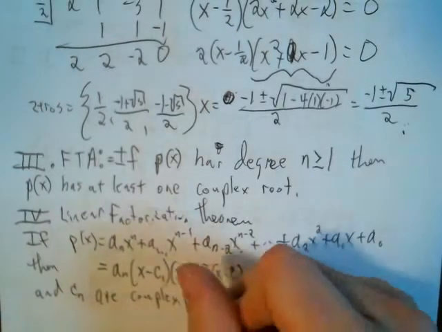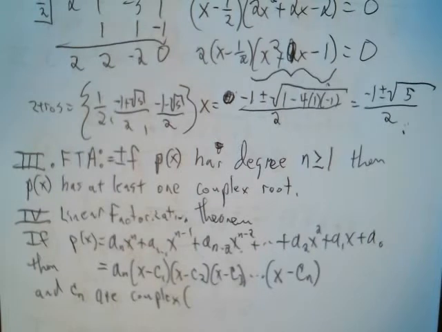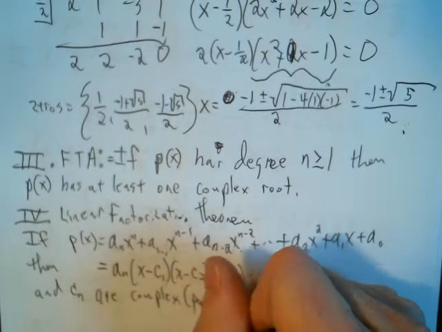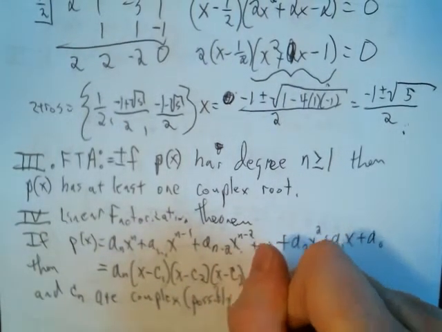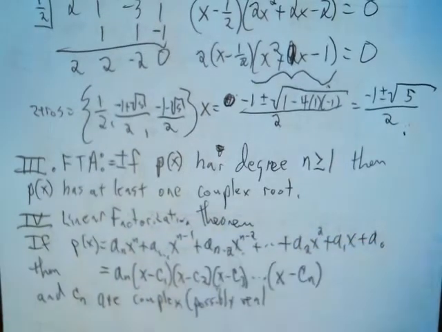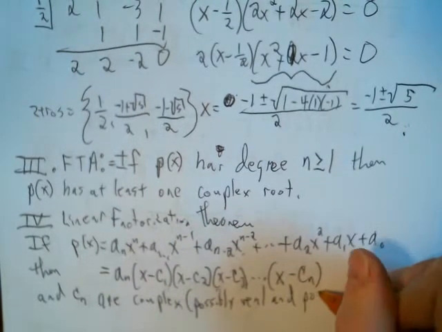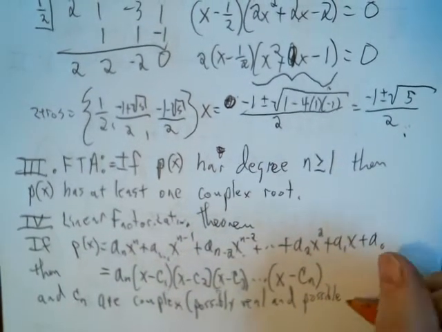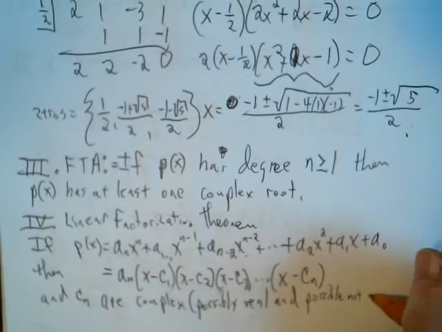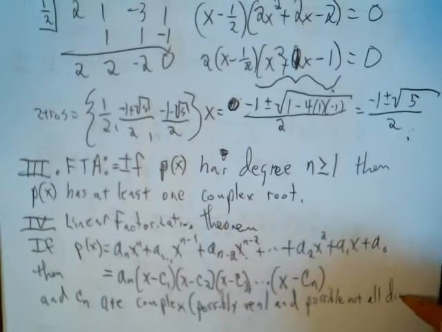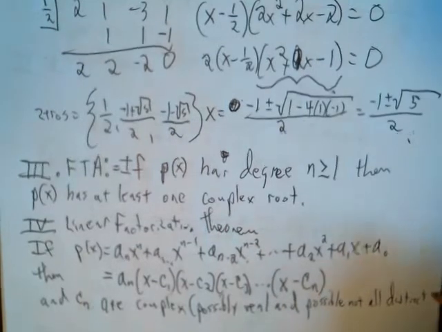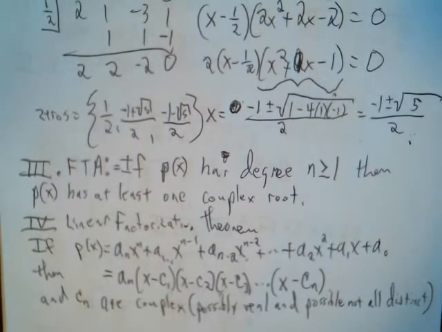So we'll just note possibly real. And they don't have to all be different. You can have repeated roots. So that's what they mean when they say possibly not all distinct.